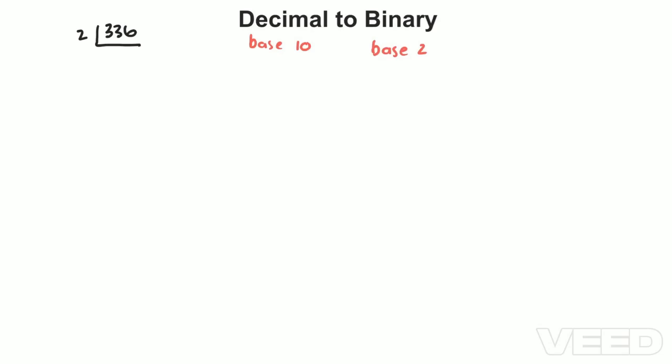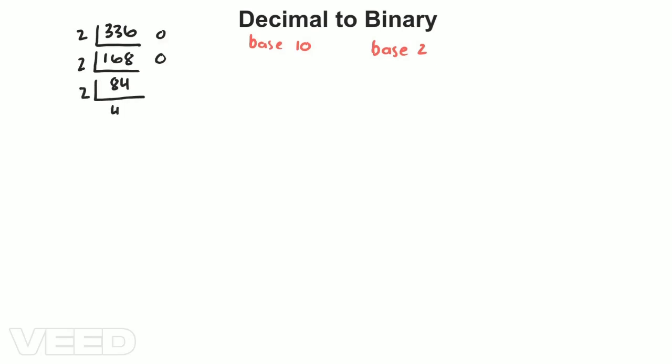So 336 divided by 2 will give me 168, with a remainder of 0. 168 divided by 2 will give me 84 with a remainder of 0. 84 divided by 2 gives me 42 with a remainder of 0.